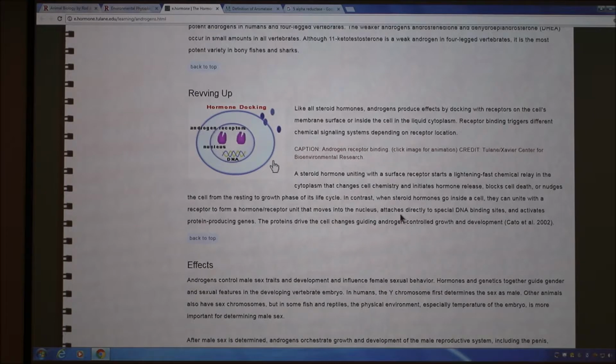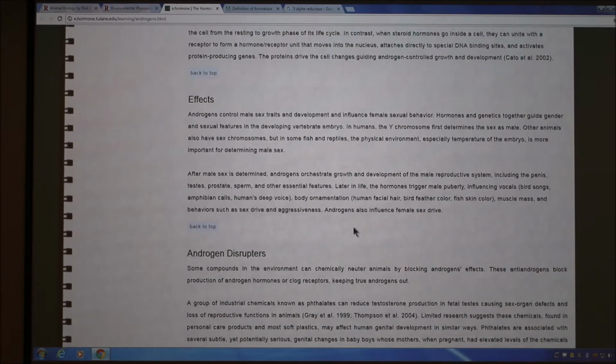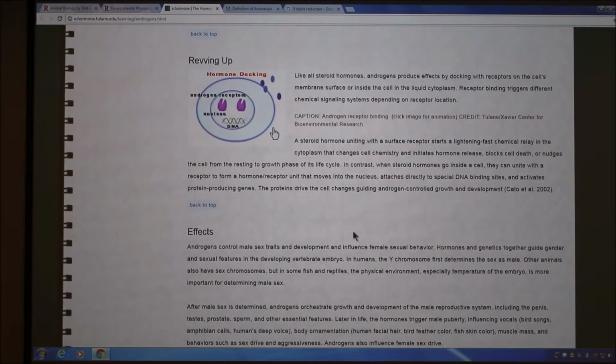So steroid hormones are relatively small, and they go through the cell membrane and bind to a receptor inside. Okay? That's a general rule. Some of these pictures are clickable, but sometimes the computers don't have the right programs. It doesn't really matter. I won't click on them.